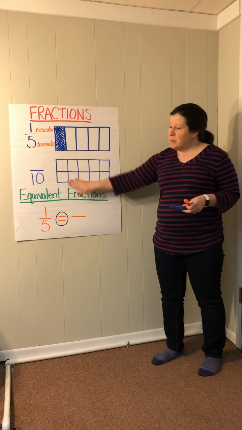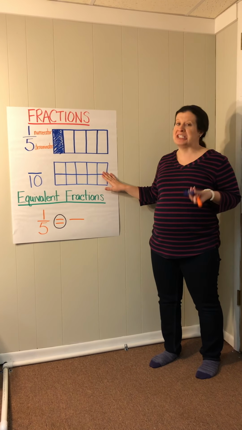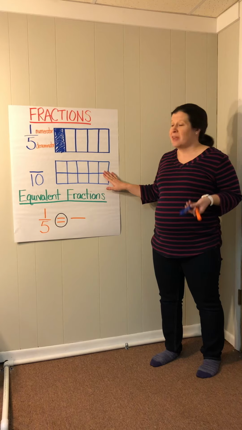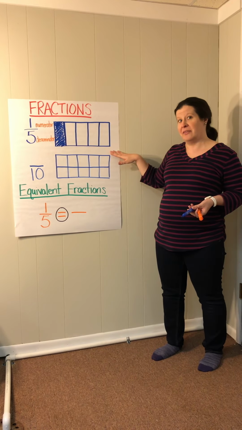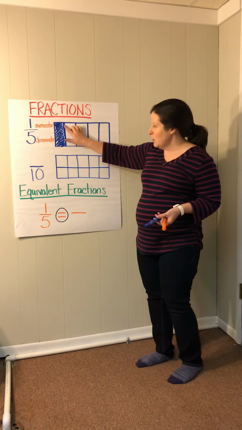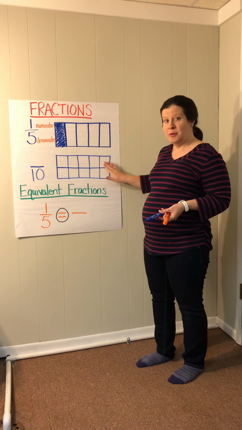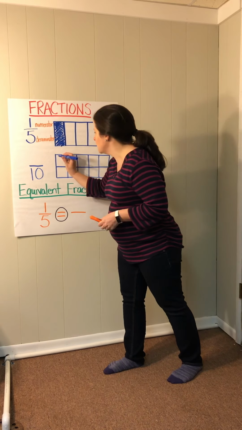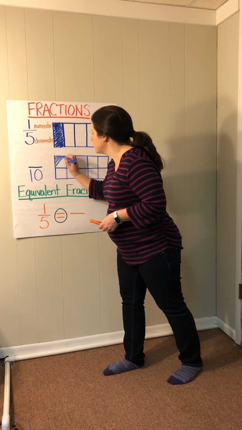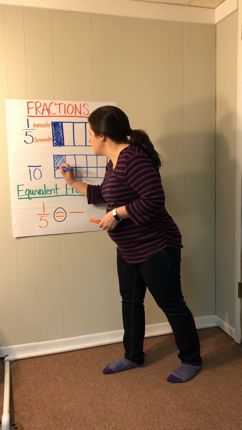Now, with my 10 equal parts, I'm going to shade some of them in so that it shows the same amount that's shaded in here on the top one. So if I look where I started out with the 5 parts that it had, I'm just going to look here in this first group and shade those in.